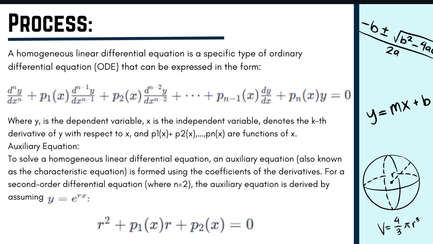Auxiliary equation. To solve a homogeneous linear differential equation, an auxiliary equation, also known as the characteristic equation, is formed using the coefficients of the derivatives. For a second order differential equation, where n is equal to 2, the auxiliary equation is derived by assuming y equals e^(mx).